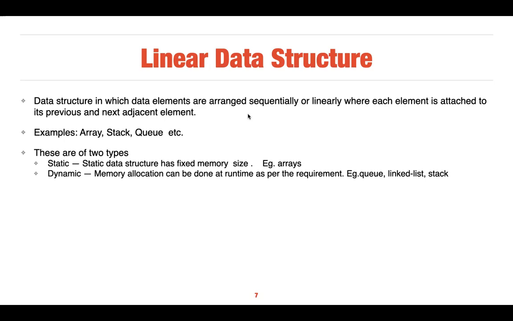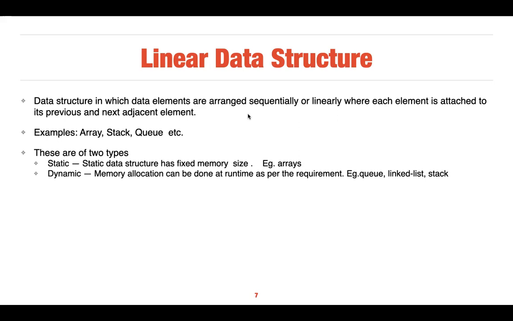Now the next one is dynamic. In dynamic, the memory allocation is not fixed. It can be done at runtime as per the requirement. If we need to insert some data, we will not define any size initially. Whenever we insert data, the computer will accept it and give a memory location to it.